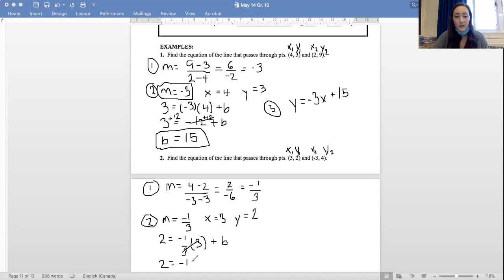These cancel out, which is kind of nice. Then plus b. We add 1 on each side to find b. So b is equal to 2 plus 1, which is 3. Then our third step, now that we know b and m, is to put it into the equation. So y is equal to negative 1 over 3x plus 3.